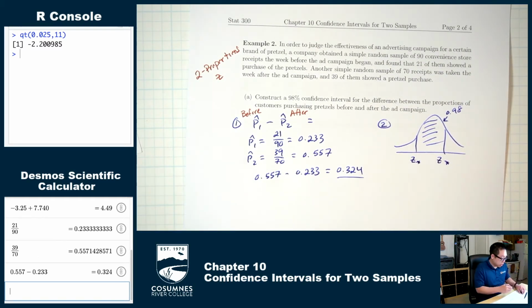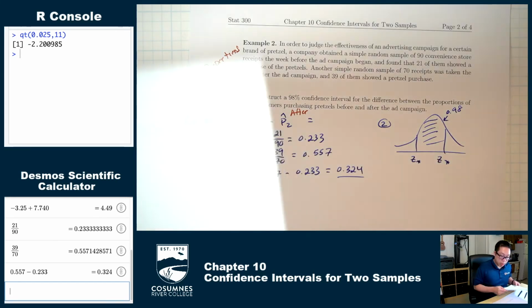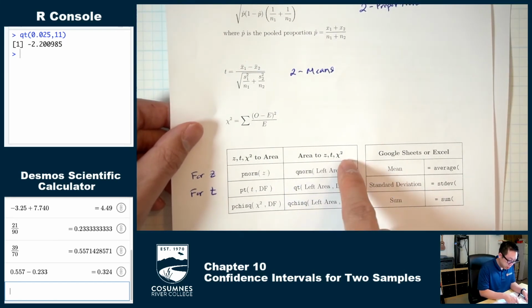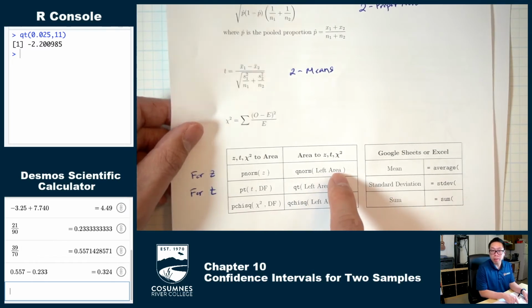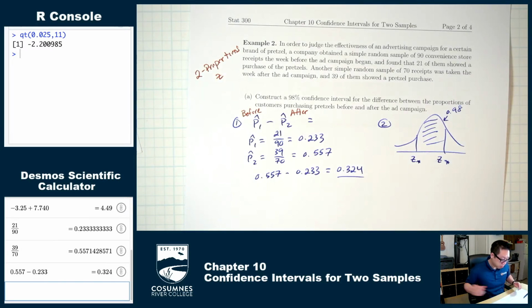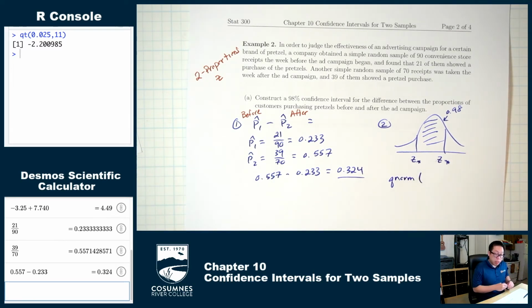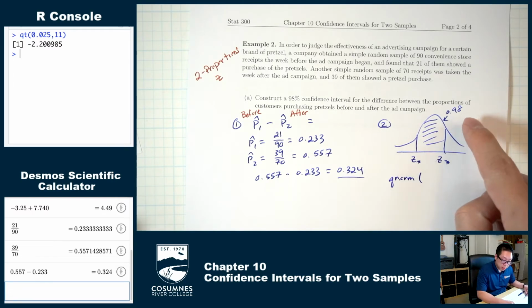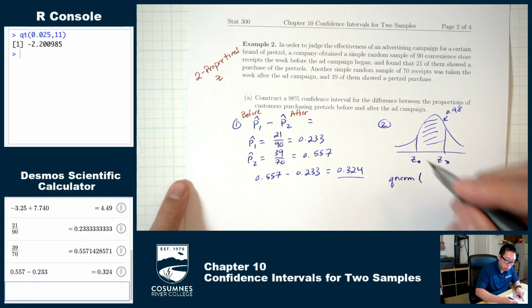If I go back to the front page of my formula sheet, this is really an area to Z question. Area to Z for the Z situation is qnorm, so we're going to qnorm the left area. Left area of this picture: 0.98 is the area in the middle. To get the unshaded part, I'm first going to do 1 minus 0.98.